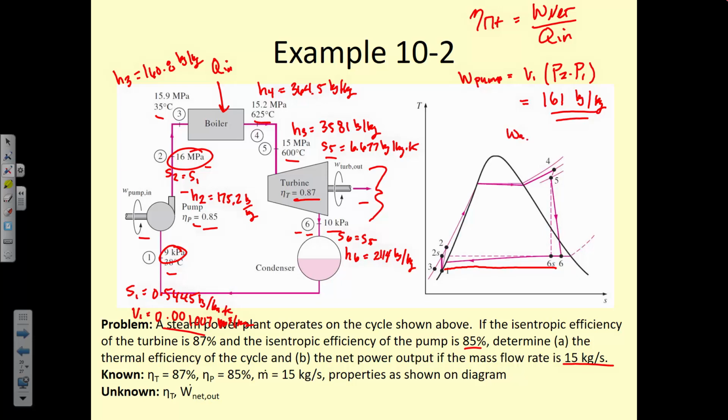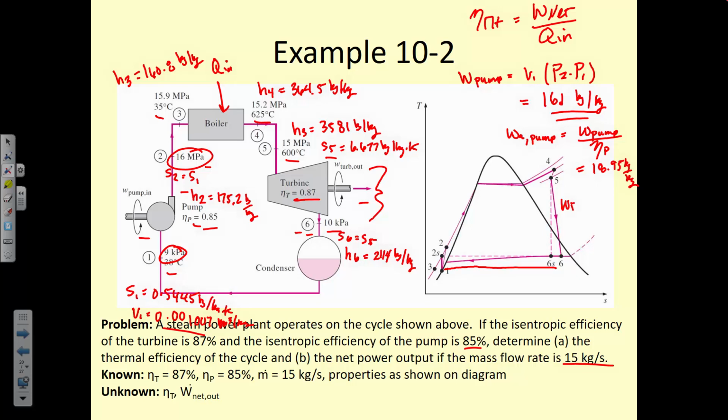So the actual work of the pump is equal to the isentropic work divided by the isentropic efficiency of the pump. So it's 16.1 divided by 0.85, which is 18.95 kilojoules per kilogram.